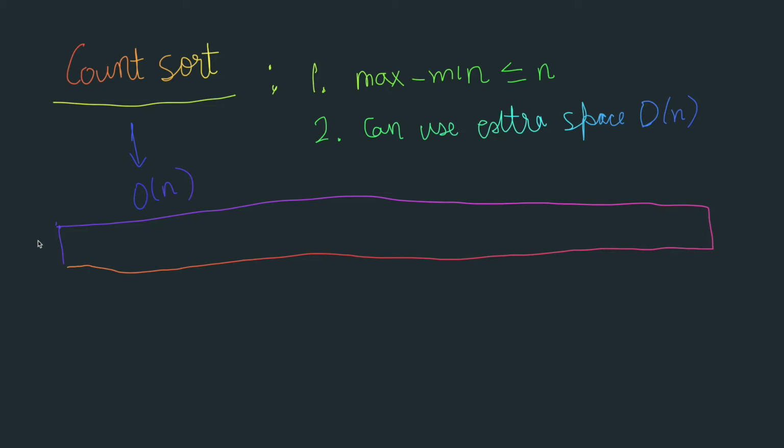Now consider another array. Say this array has just 5 elements now, but the range is very huge: 100, and then there is an element 0, then 20, and then 40.